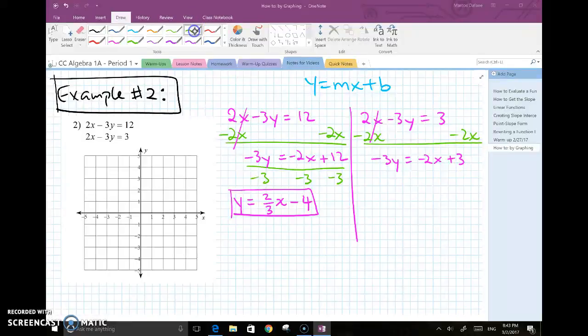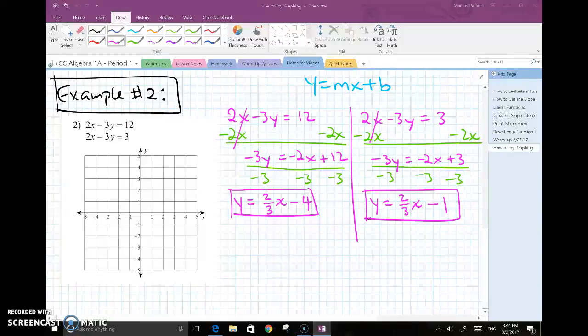Now, I need to get rid of this negative 3, so I will divide, just like before. What I get is y is equal to, and again, these two negatives, when you divide, will make a positive, so it's 2/3. This positive divided by that negative will make a minus sign, and 3 divided by 3 is 1. So just like that, I have my slope-intercept forms.